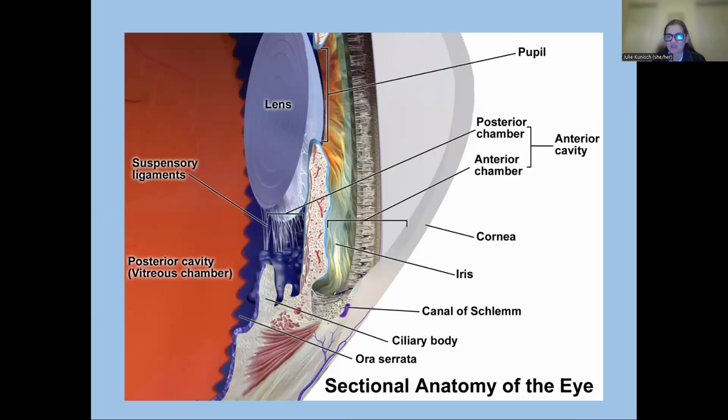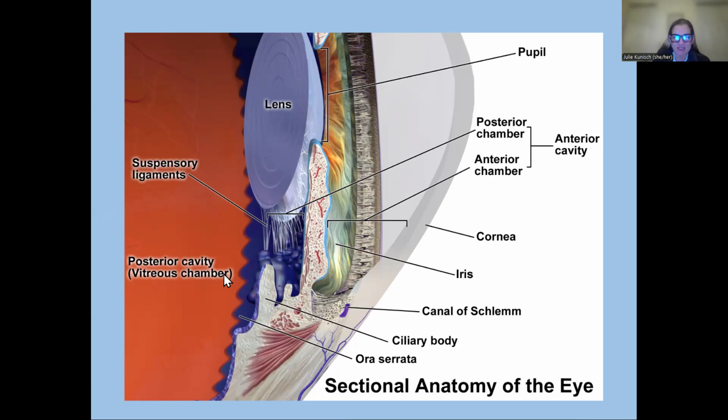This is another way to look at the anatomy of the eye. It's a side sectional view of the eye. So back here is this posterior cavity, which is the vitreous chamber. And here are the suspensory ligaments that are attached to the lens. Remember, those are the ones that change.